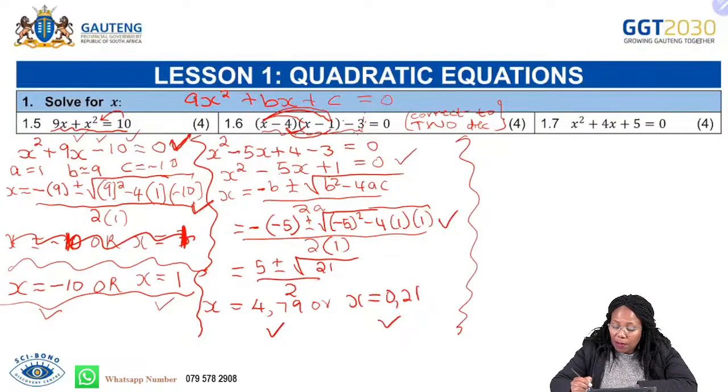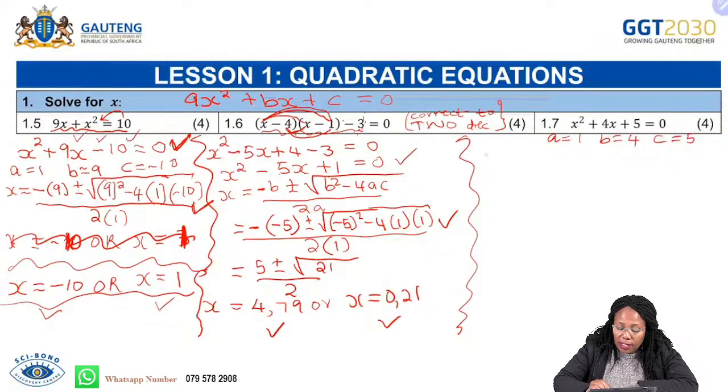And then now number 5, we are looking for factors of 5 that, when you add them, give you 4. Highly impossible, grade 12. That means it is also calling for the quadratic formula. It's a must for this one. So now we are having a equals to 1, the b equals to 4, and the c equals to 5.